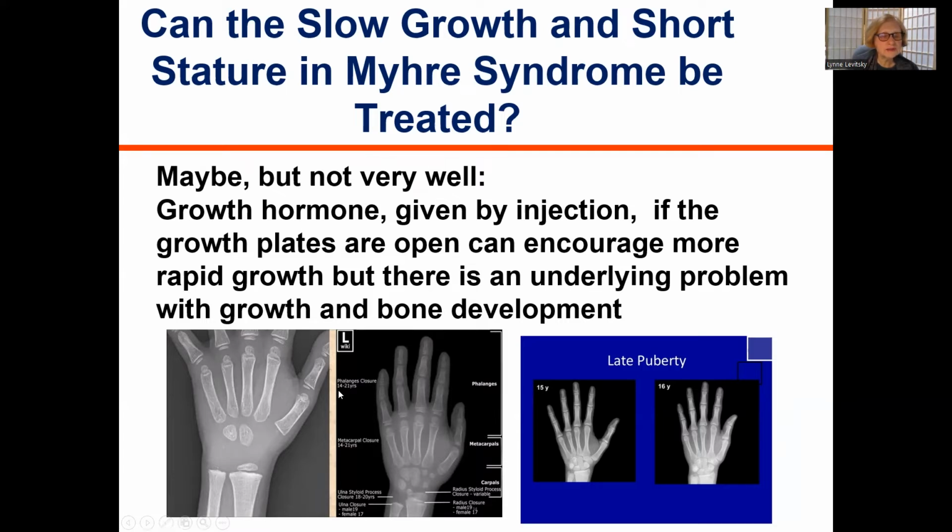They just don't have calcium in them, so they don't show up in these early pictures. And as the children get older, the spaces get narrower. This is late puberty, and they're almost all closed off over here, so there's very little room to grow, maybe only down at the wrist. There might be a little bit of room to grow. So these are the kinds of pictures we use to predict growth and also to let us know whether there's room for growth for various treatments that we might try.